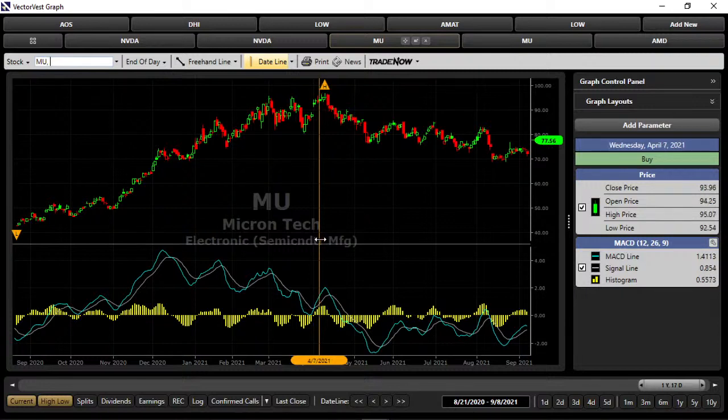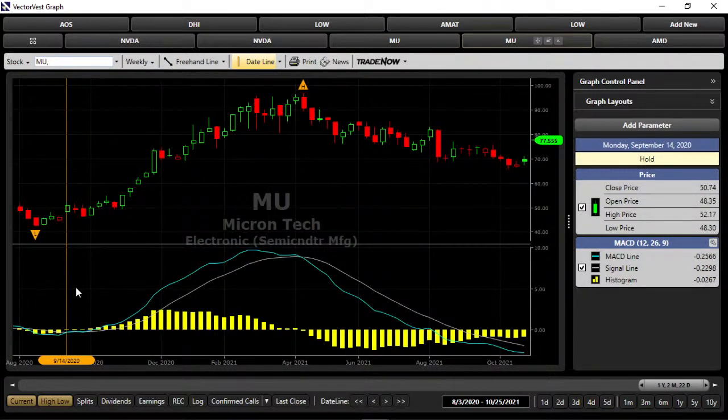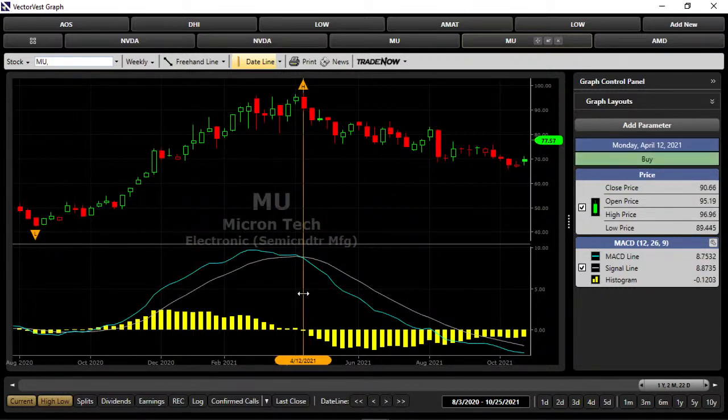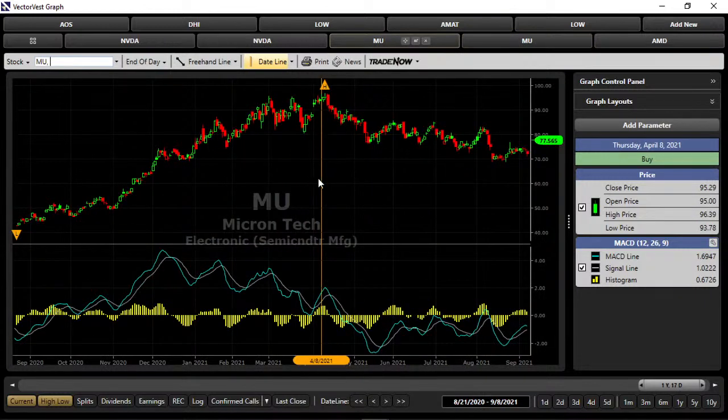Whereas on a weekly chart, you get in once on September 14th and you get out on April 12th. That is where the weekly chart broke down and turned bearish on April 12th. Okay, ready?